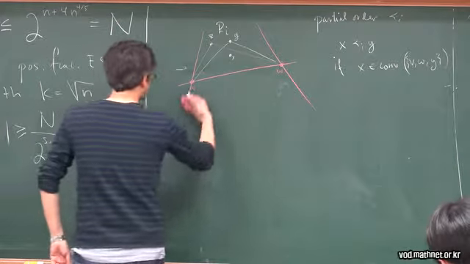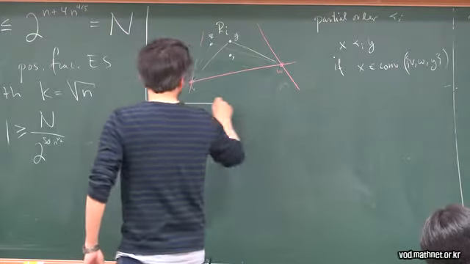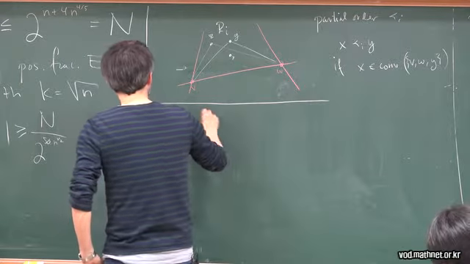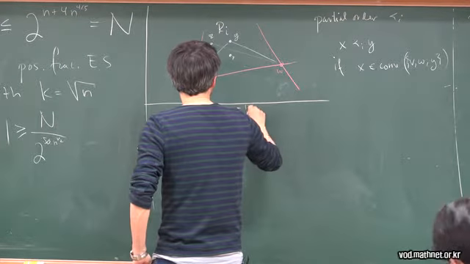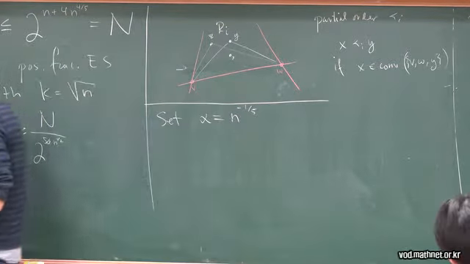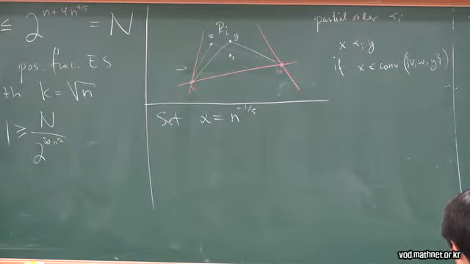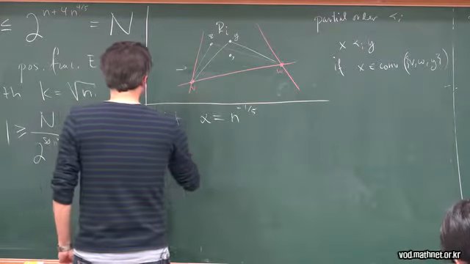Now, set alpha equal n to the minus 1/5. Then we have the following.